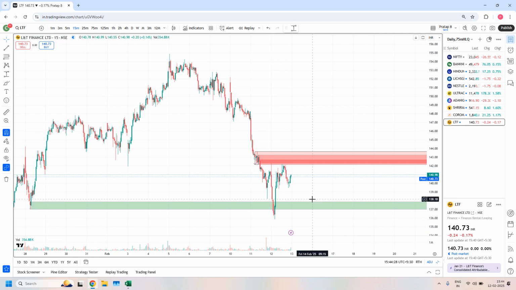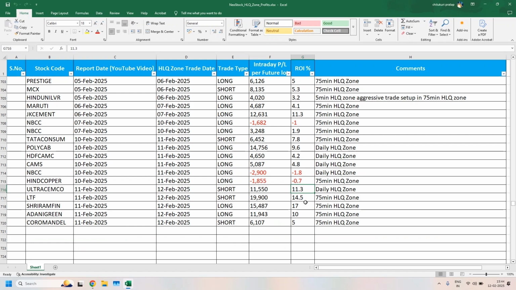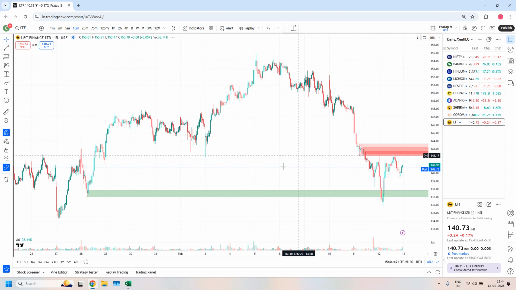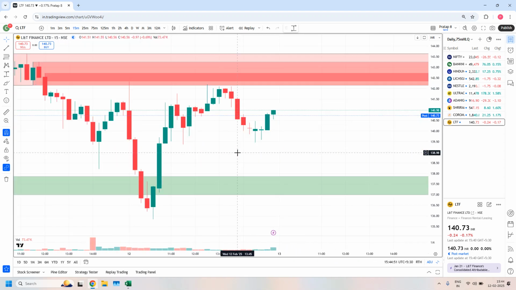And how much profit has LTF given? It has given 19,900 rupees, which is 14.5% ROI as per one futures margin cost, in just 30 minutes. 14.5% ROI it has given.